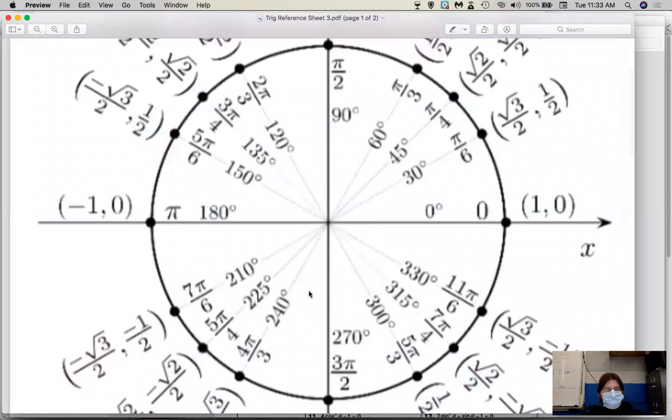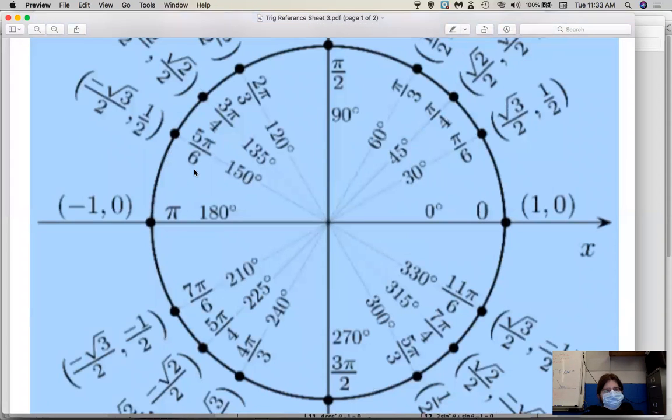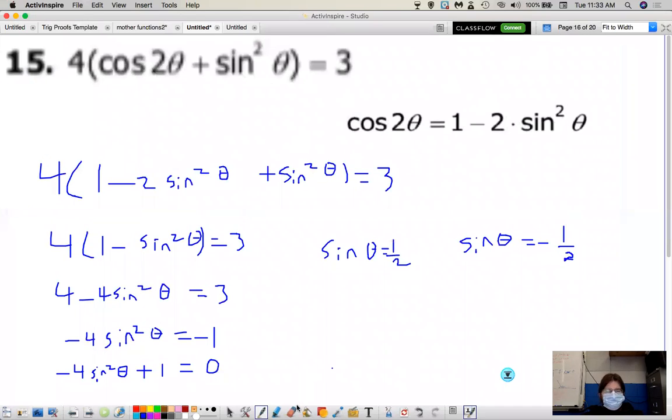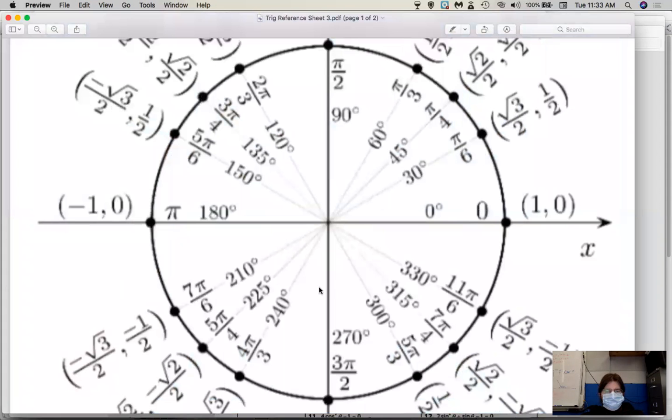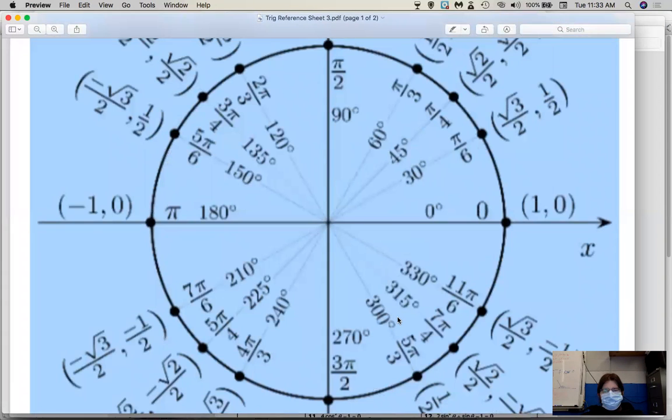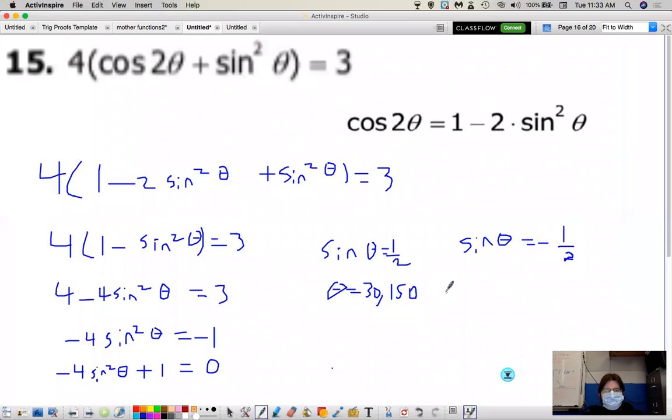We're just going to stick with 0 to 360. 30 degrees and 150 for the half, 210 and 330 for the negative half. And they'll all work out for us.